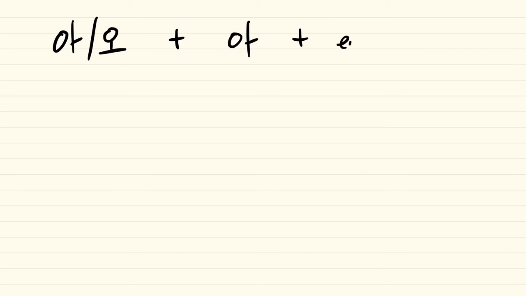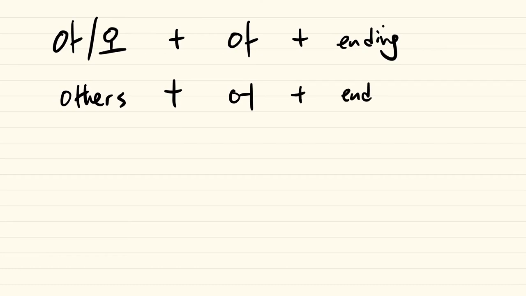And so verbs that end in the a or o sound take a connecting vowel a, and then plus the ending. And then all others add the other connecting vowel plus the ending.